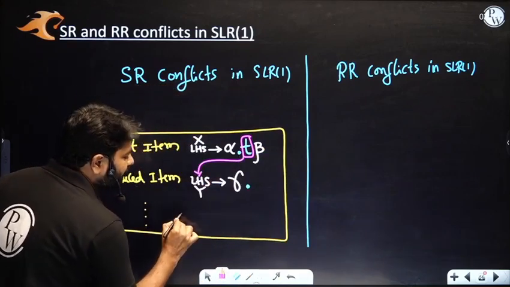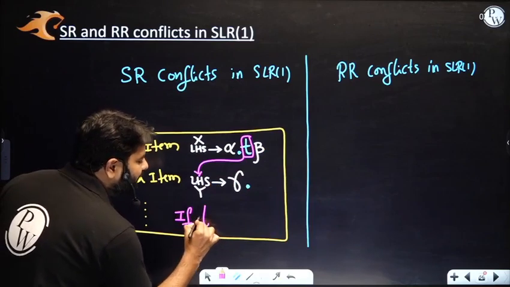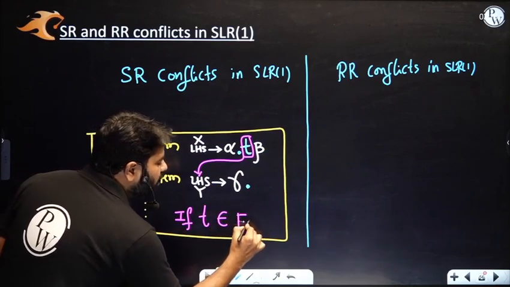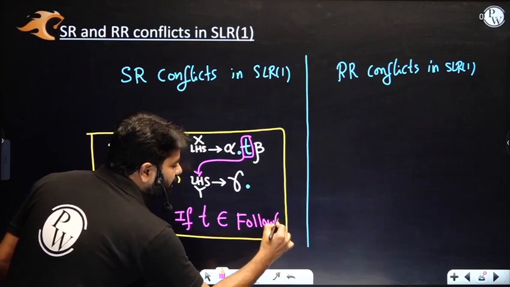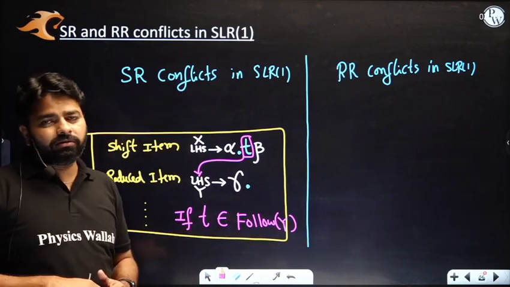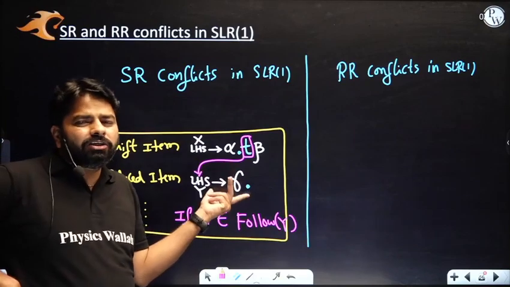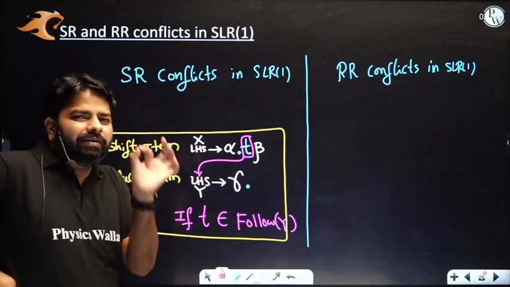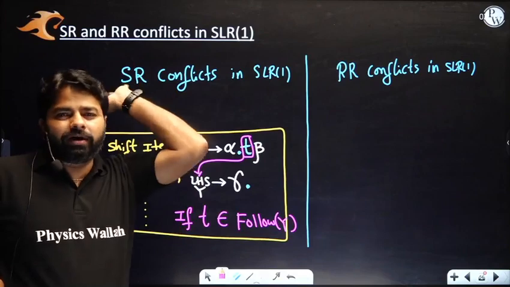That means if T belongs to follow of Y, which you need to compute from the grammar, then only is there a conflict. Previously we did not look at this in LR0 because it has no knowledge; LR0 uses zero lookaheads.